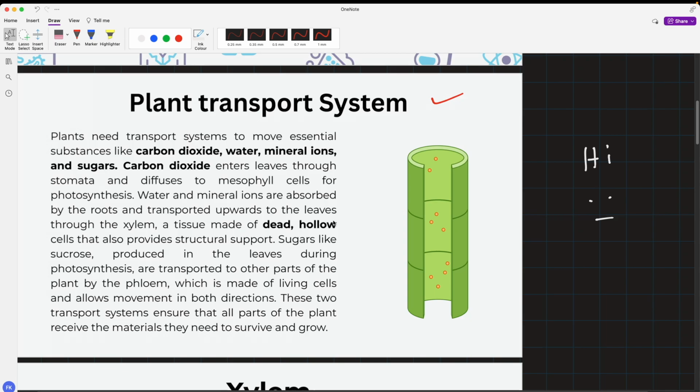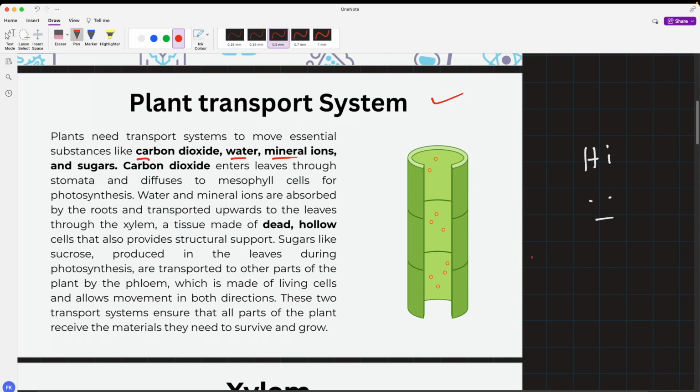Like humans, plants also need a transport system to move substances such as carbon dioxide, water, minerals, ions, and sugar. Carbon dioxide, as we all know, enters through the stomata and diffuses into the mesophyll cells, where it is used for photosynthesis.